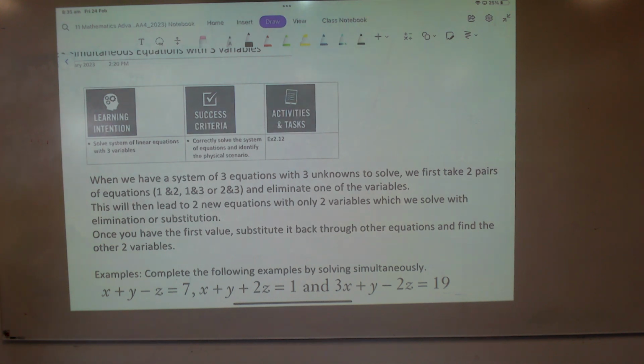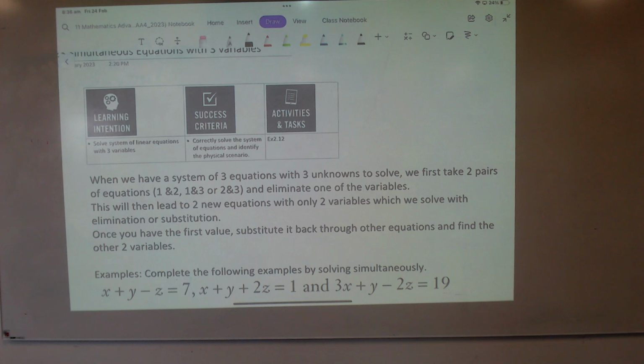Then I take the first and third, a different combination, and eliminate z, and I've got 2 new equations with only x and y, and then I work my way through that. You then substitute the values back in as you go.